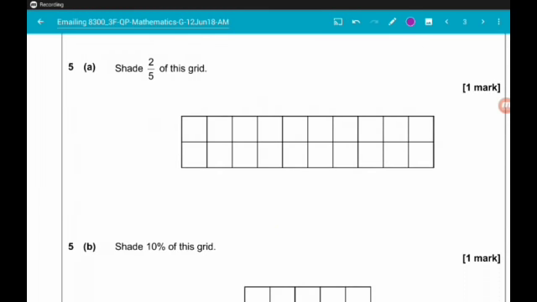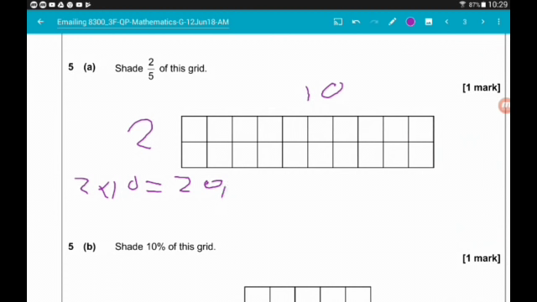Okay, 5A wants us to shade 2/5 of this grid. So we get to do some colouring in. Cool. We need to know how many squares are in the grid. It's 2 high and 10 long. 2 times 10 is 20.